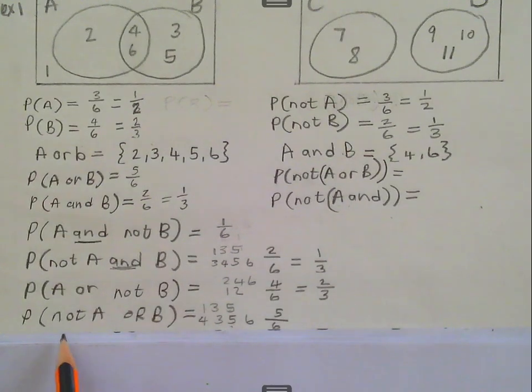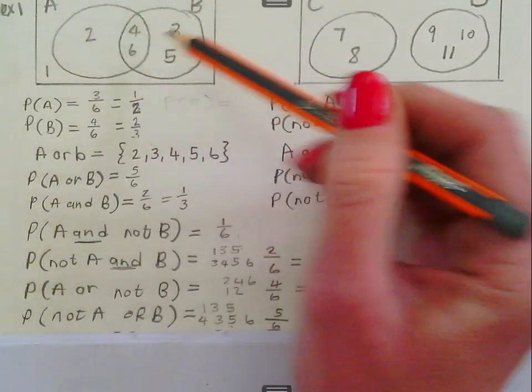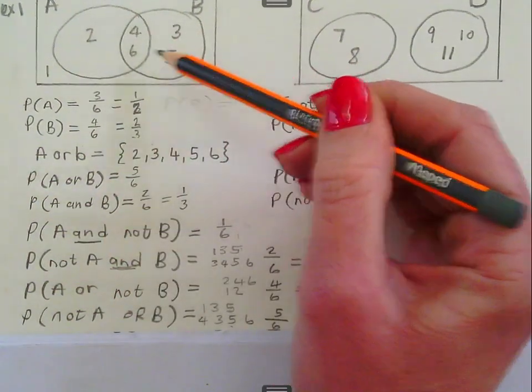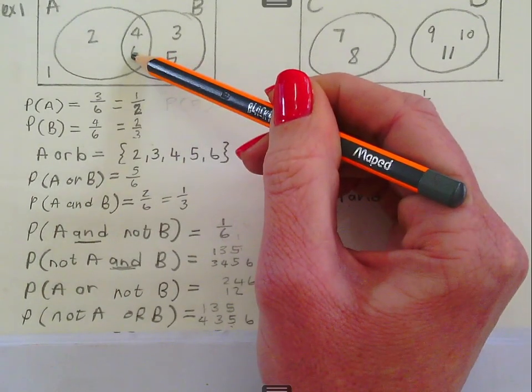And if you think about this, it actually makes sense. How many numbers do you see that are not A, not A or B? This is B, this is B, this is B, this is B. Right?